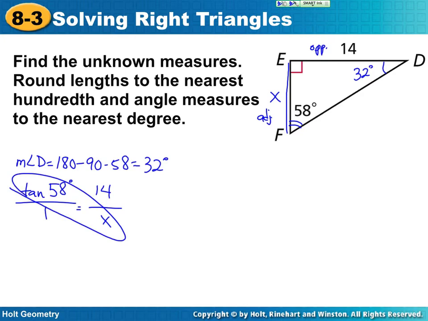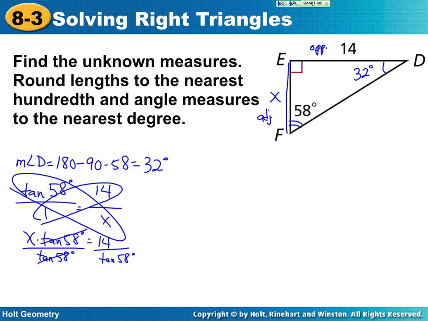Cross multiplying would be x times the tangent of 58 degrees equals 14. So to get x, we need to cancel out the tangent of 58. That's gone. So calculator time, 14 divided by the tangent of 58.